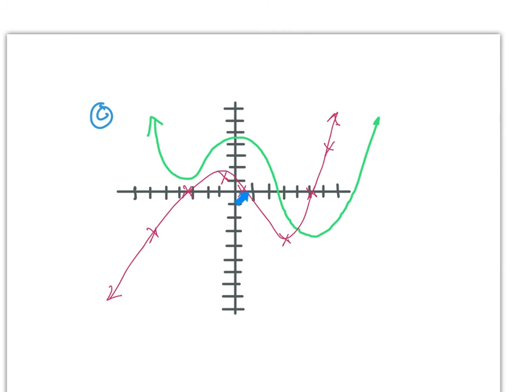And then between this 0 and this 0, it's headed down, which is negative, which means our value is going to be below the x-axis. Between here and here, this 0 and continuing on the right side of that, it is headed up and is a positive value. So we are above the x-axis.